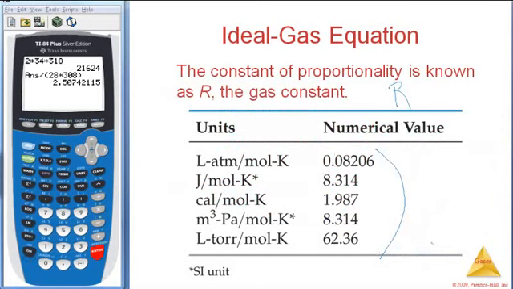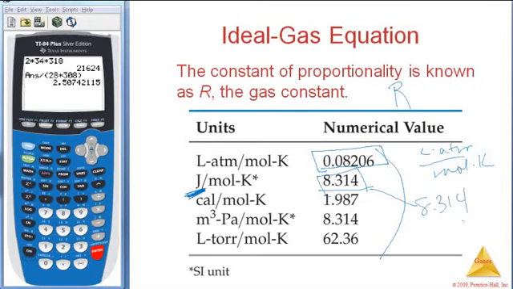Now, the two that you need to know for the AP exam, they're both on the sheet, but if you're taking the multiple choice, you won't have that sheet. Most of the gas law problems use 0.08206, in liters atmospheres over mole K. If you are dealing with energy, if you need joules, the R will switch to 8.314.